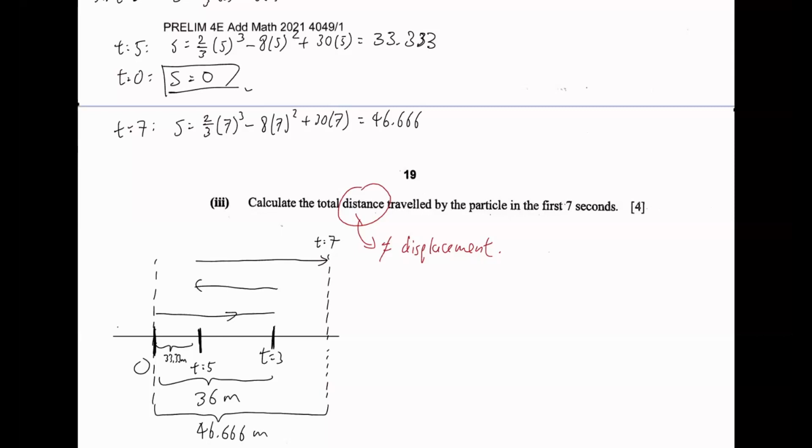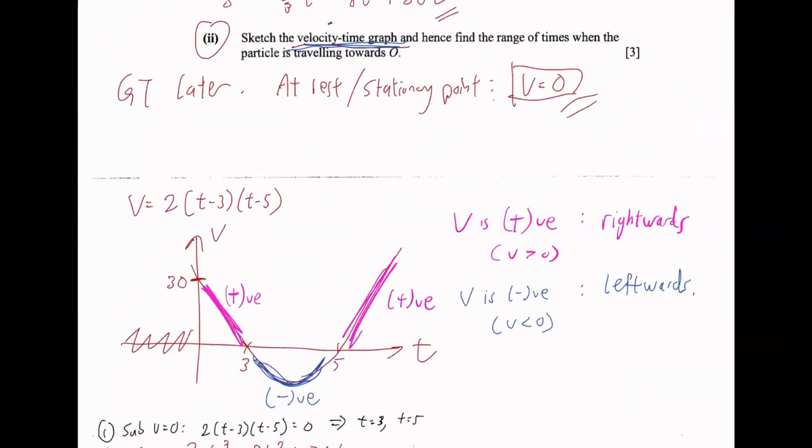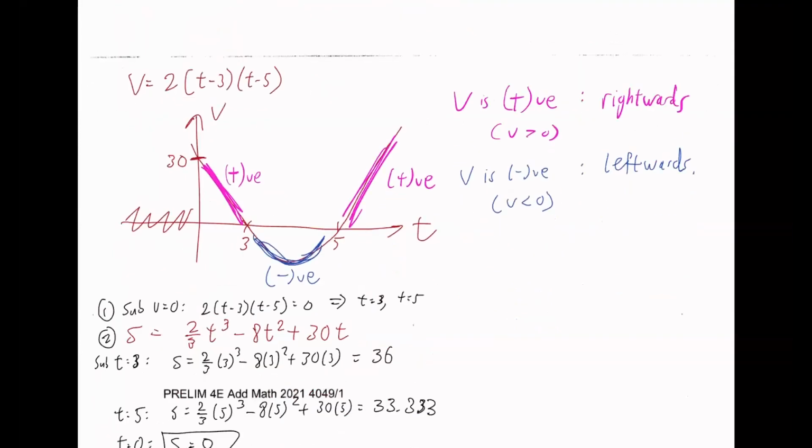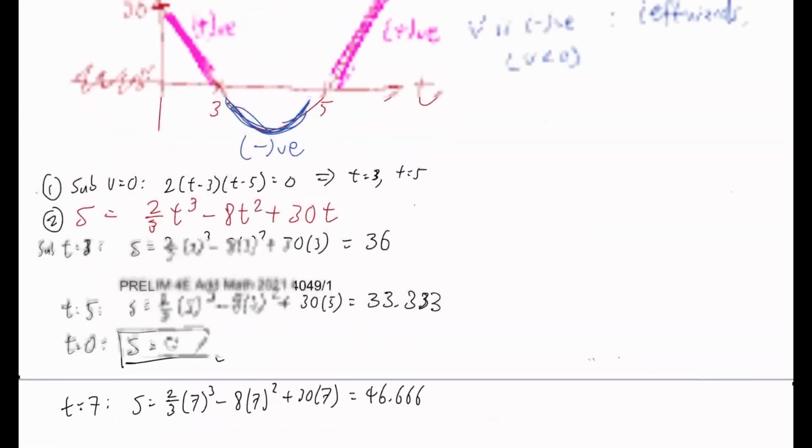Right, so using this diagram we can answer the question properly. Sketch the velocity time graph and hence find the range of times when the particle is traveling towards O. So I think from this diagram you can tell towards O is only this direction, which is 3 to 5. Okay, yeah, your answer was correct. Good.